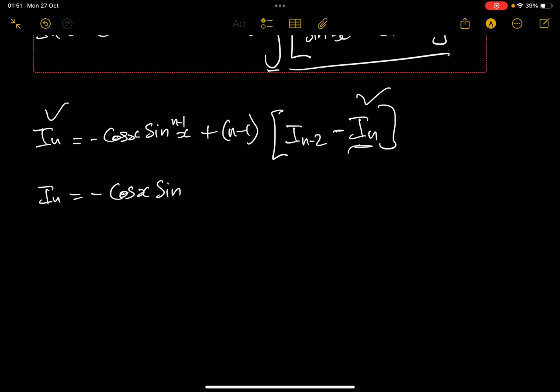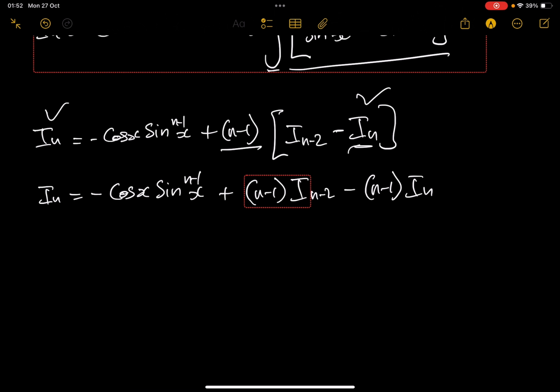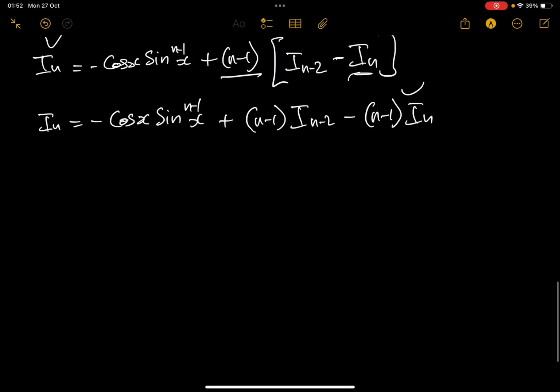You have (n-1) x plus, if we take this and open this bracket, we are going to have (n-1)(n-2) minus (n-1) I_n, right? And then I'm going to take that to the other side.